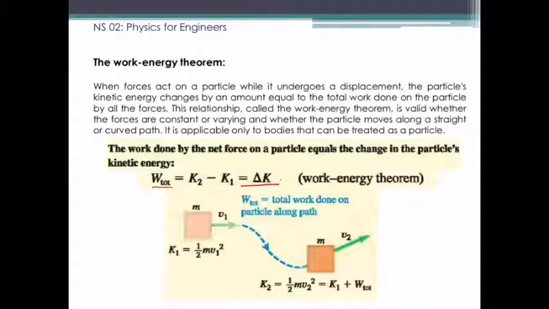In equation form, total work is equal to delta K, or K2 minus K1, or 1/2 mv2 squared minus 1/2 mv1 squared. Here v1 is the initial velocity squared and v2 is the final velocity squared.